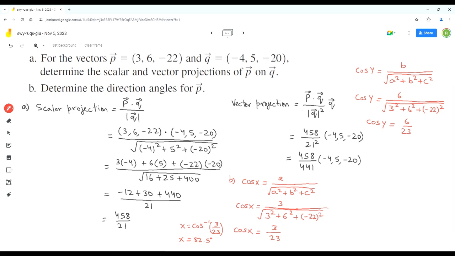Now we can do the inverse of cos. So I got 74.9 degrees.